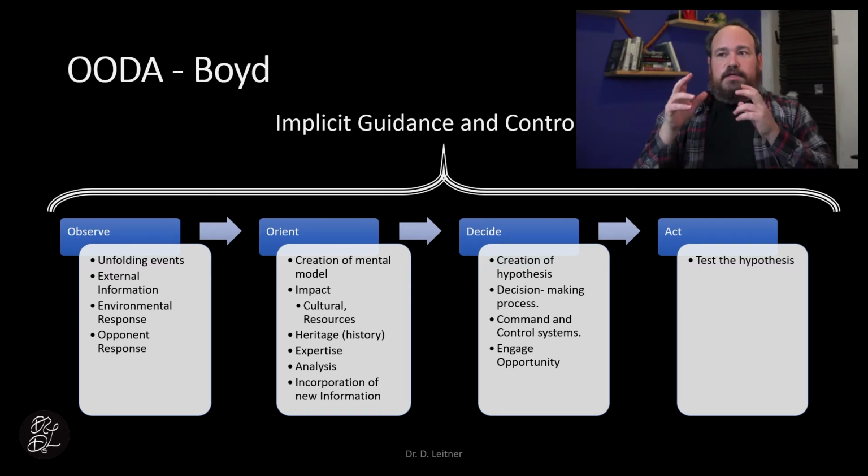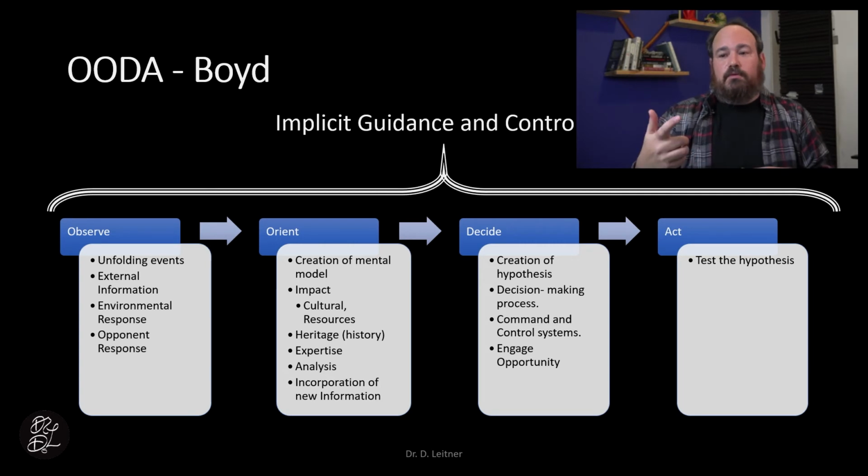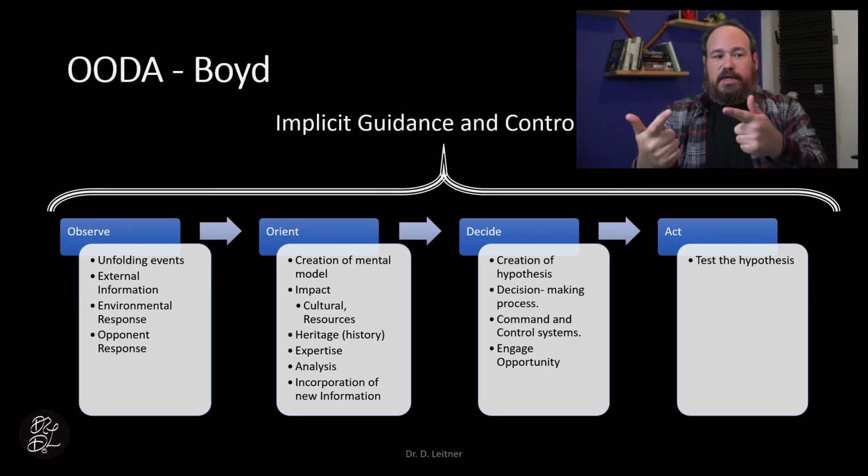You are going to see how the events are unfolding. You are going to try really hard to gauge what external information you have, the environmental responses, your opponent's responses, your parents' responses, your siblings' responses, your girlfriend's responses, your boyfriend's responses. You're going to orient around what it is that they're doing.